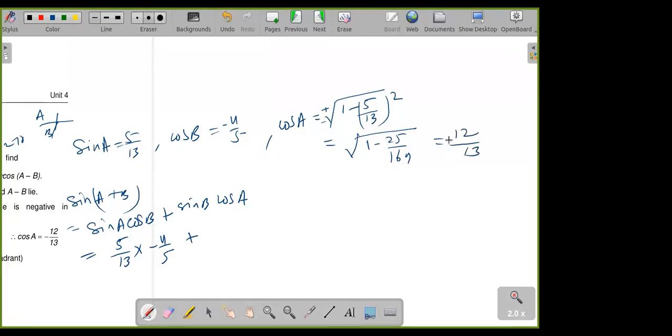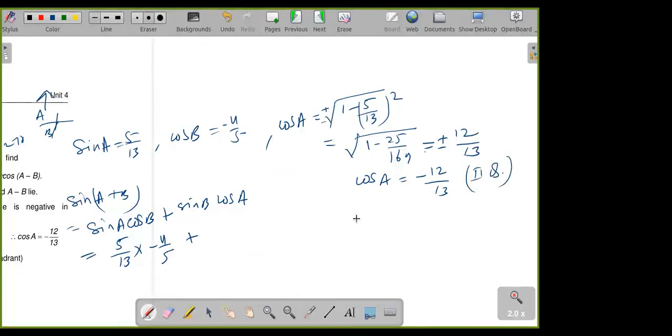So cos A is plus minus 12 by 13, but which one will we take? Minus. And why minus? Because it is between pi by 2 and pi, the second quadrant. So cos A is equal to minus 12 by 13.